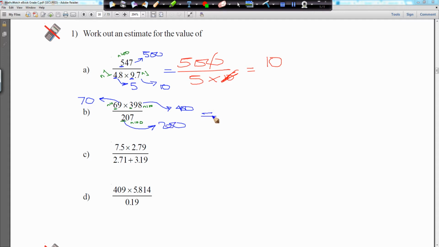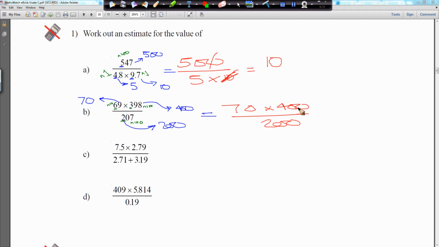If we now continue this question forward, we have 70 times 400 on top, and we divide all by 207, which becomes 200. Let's start cancelling, because we can.